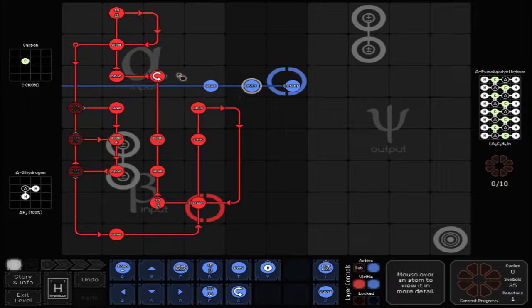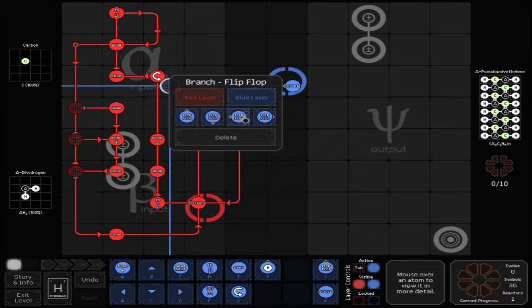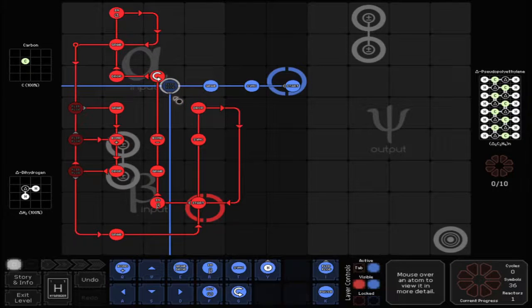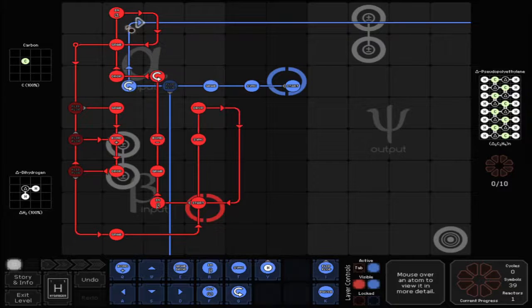Alright, so let me think. Flip-flop to determine which rotate command he hits. If it is the... let me think. Something like this should work.